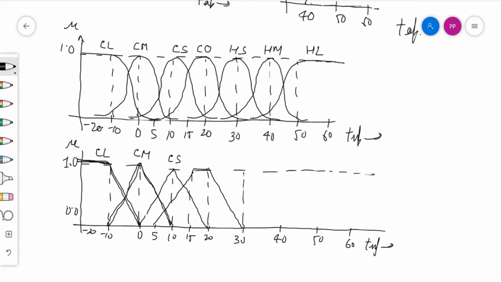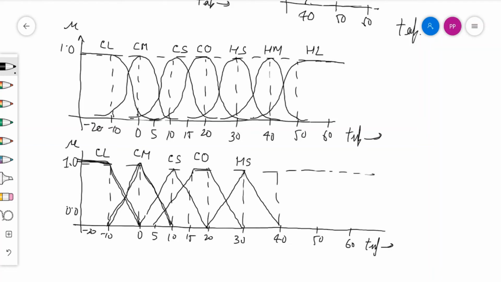This is the comfort zone, so I give the nomenclature CO. Then from 20 to 40, we can draw it from 20 with the peak at 30, then 40. So this is your small hot.